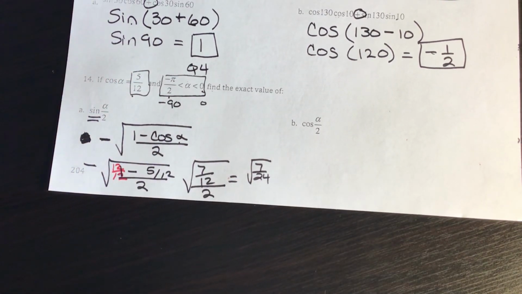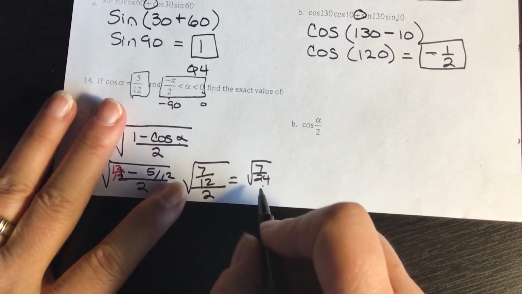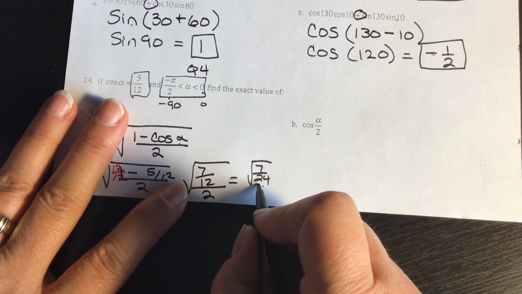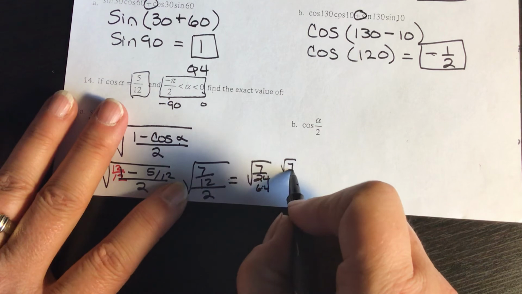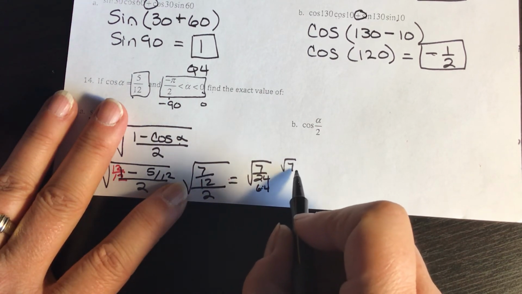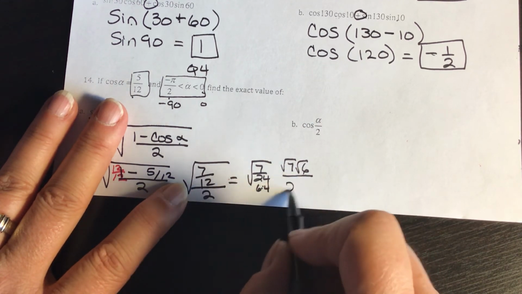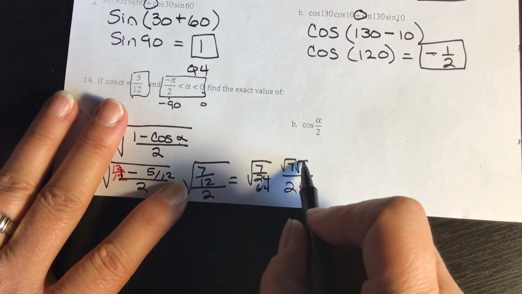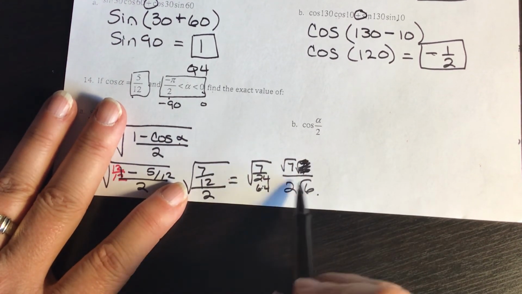And I don't really want to leave it this way because actually there is a perfect square factor that goes into 24. This is the same thing as 6 times 4. So this would be the square root of 7 over 2 times the square root of 6. All right. So 2 square root of 6 is on my denominator.